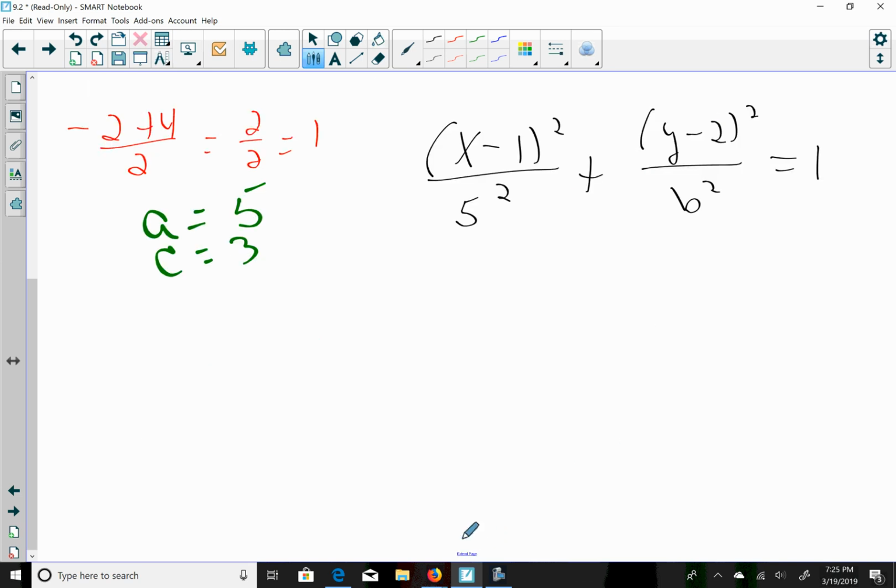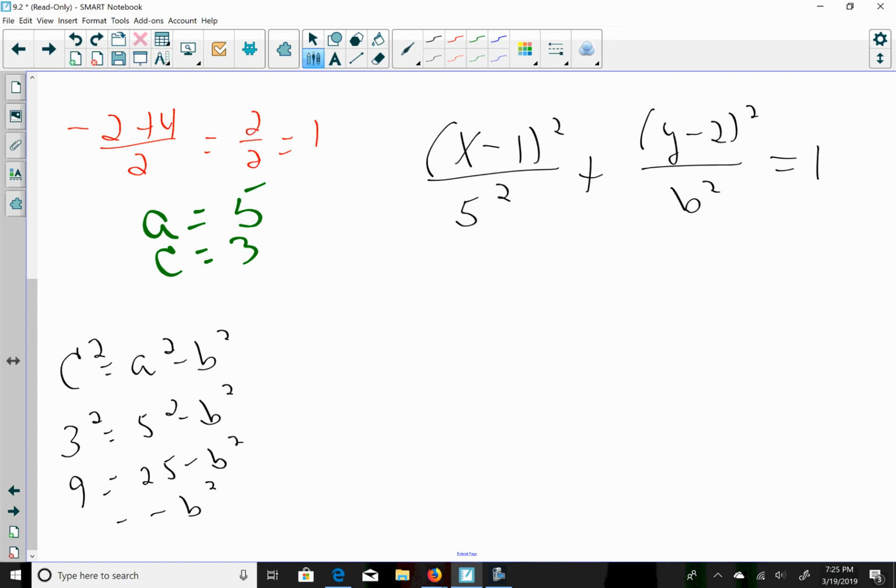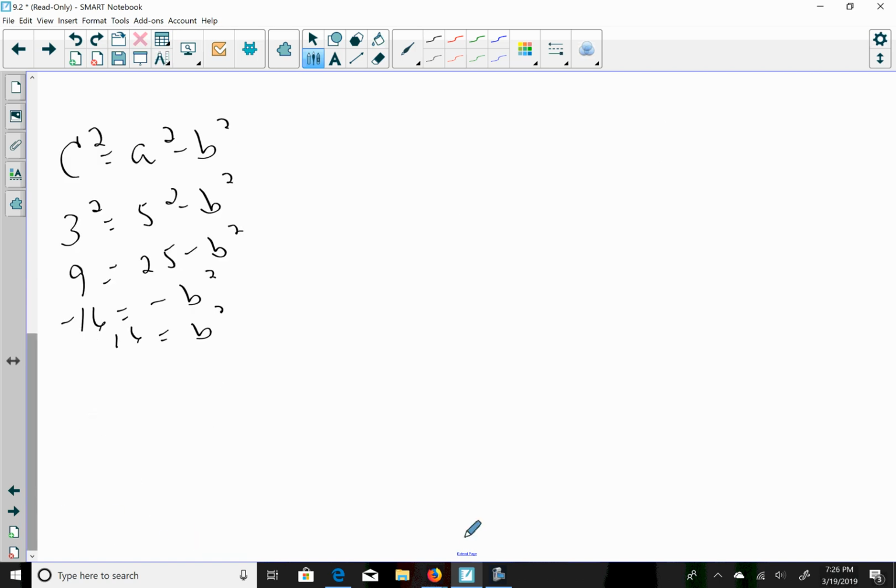So I'm going to remember that formula, c squared is equal to a squared minus b squared. That was on my formula sheet. So 3 squared is equal to 5 squared minus b squared. So 9 is equal to 25 minus b squared. The opposite of b squared is equal to -16, so b squared is equal to 16, which means that b is equal to 4.